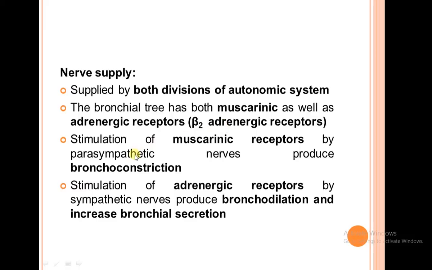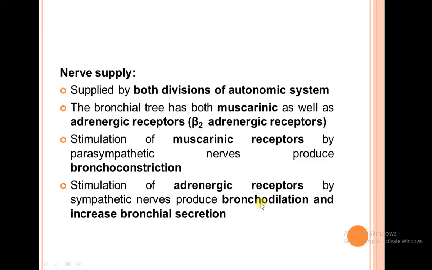Now parasympathetic stimulation will cause bronchoconstriction, which involves the muscarinic receptors, while stimulation of adrenergic receptors by sympathetic nerves will produce bronchodilation. So smooth muscles are going to relax when there is sympathetic stimulation, and relaxation of smooth muscles in the walls of the airways cause an increase in the diameter, which is called as bronchodilation.